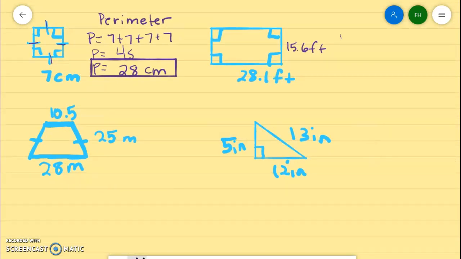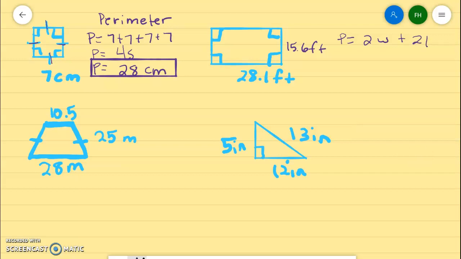So I'm going to add up my lengths and my widths. You can either write the width twice or do 2 times that width. You can write your lengths twice, or you can do 2 times the length.